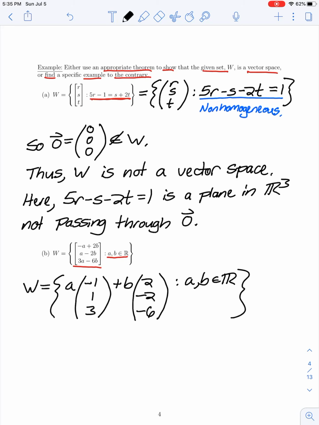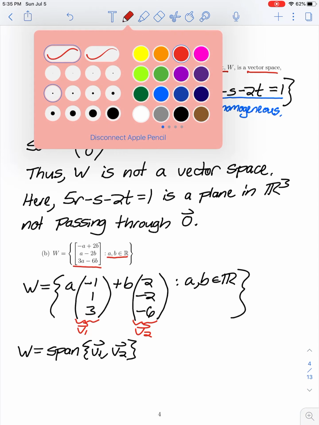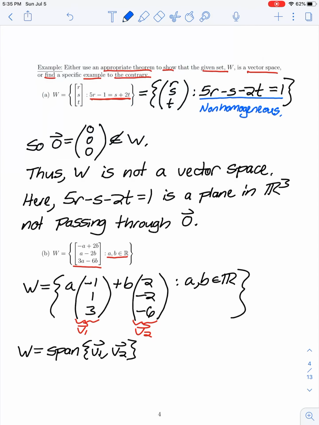So here we have two vectors, let's call them V1 and V2, and we see that any vector in W can be written as a linear combination of V1 and V2, which means that W is the span of V1 and V2. Now, in this particular example, notice one other thing.